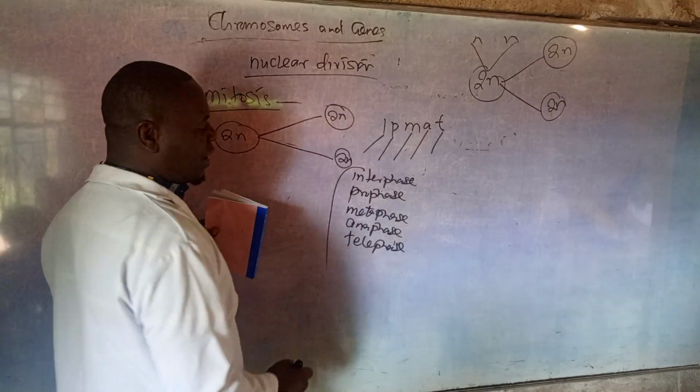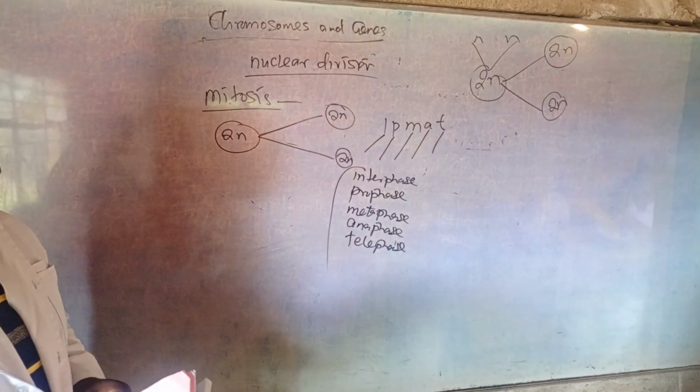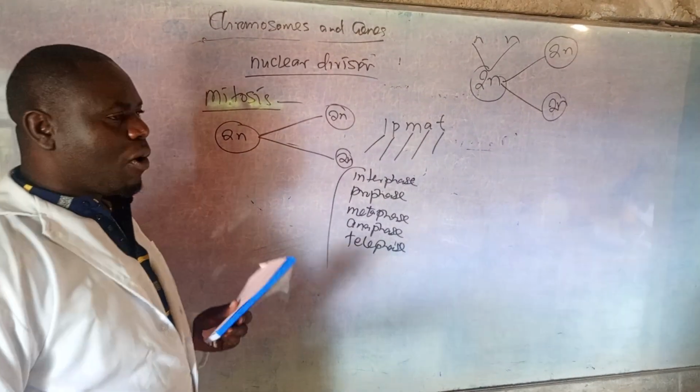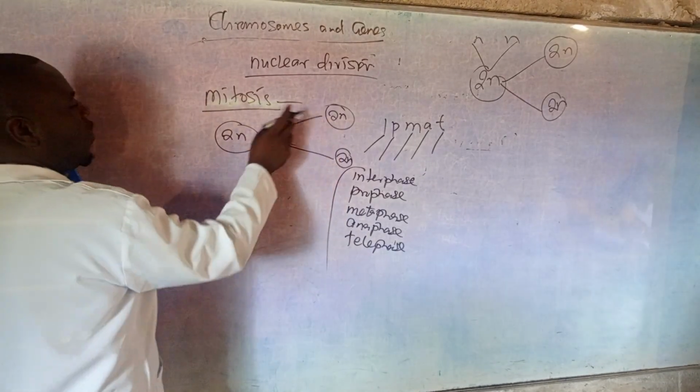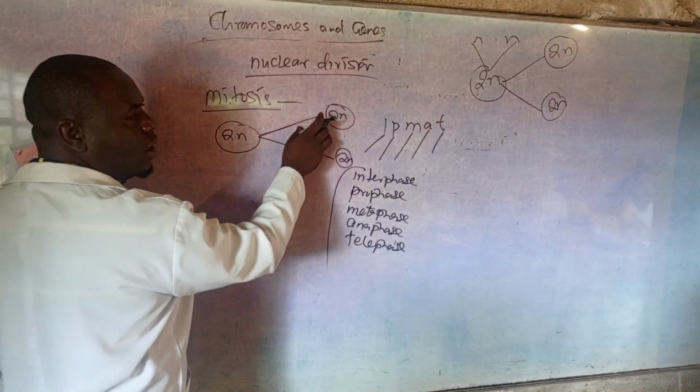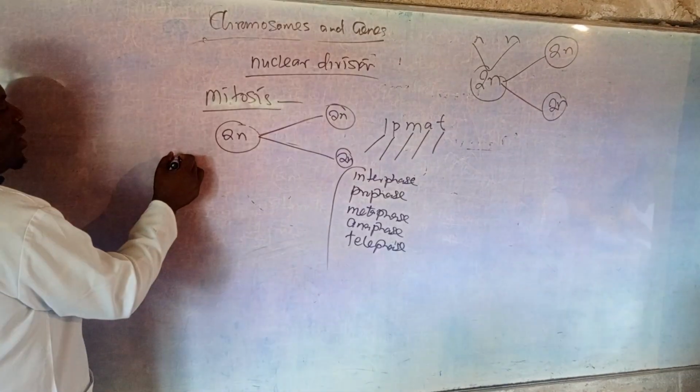These are the stages for, for example, this daughter cell to form from a parent cell.